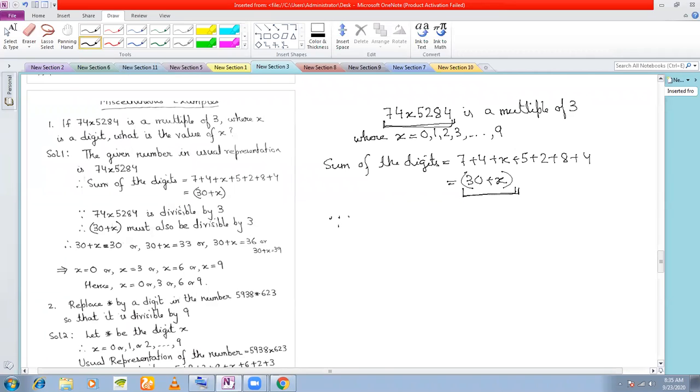So since 74x5284 is divisible by 3, therefore 30 plus x must also be divisible by 3.